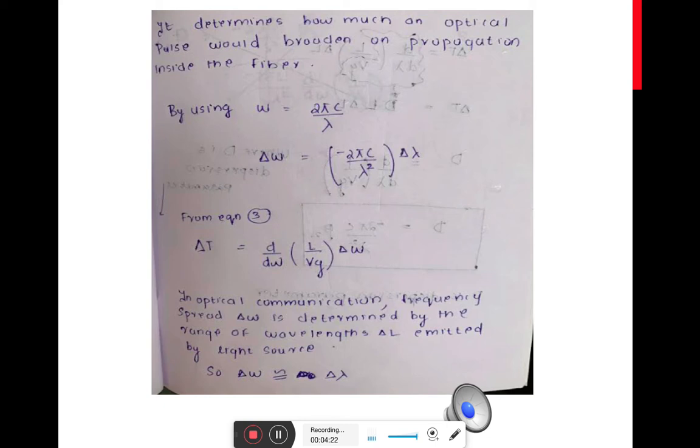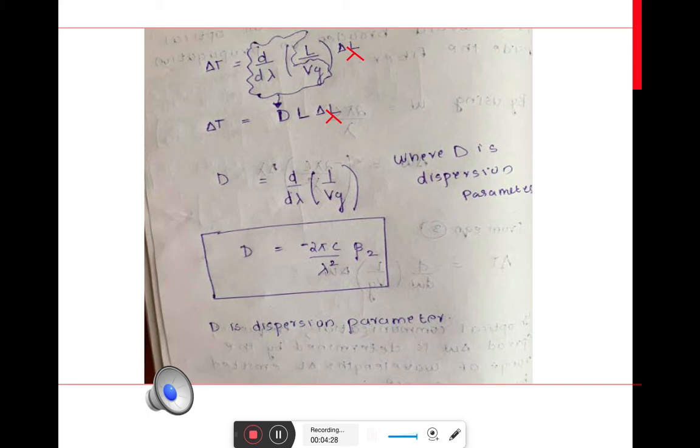So we can consider delta omega corresponds to delta lambda. Here we are substituting lambda for omega, and delta lambda for delta omega. Then we get delta t is equal to d by d lambda of L by Vg into delta lambda.